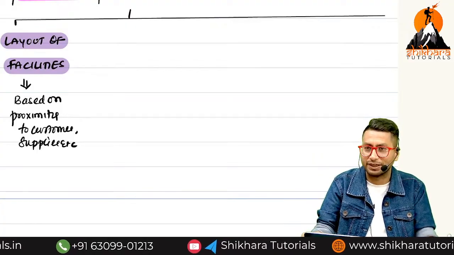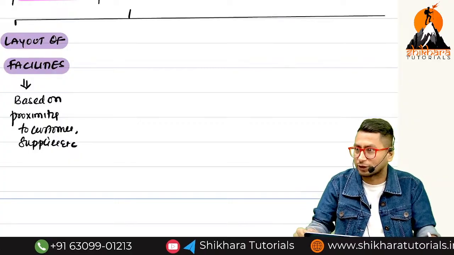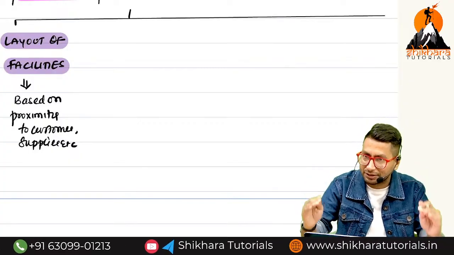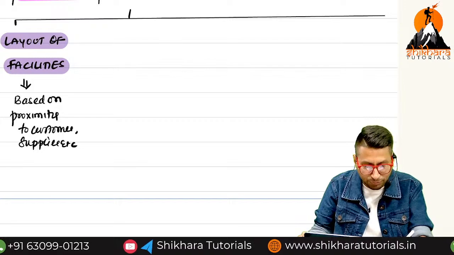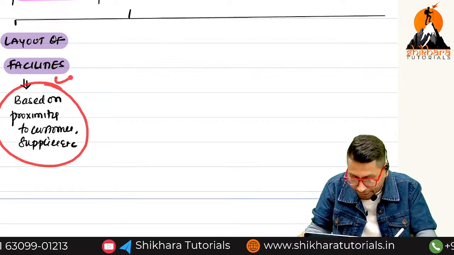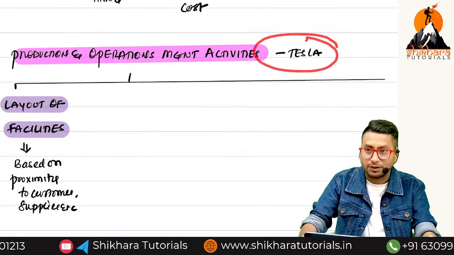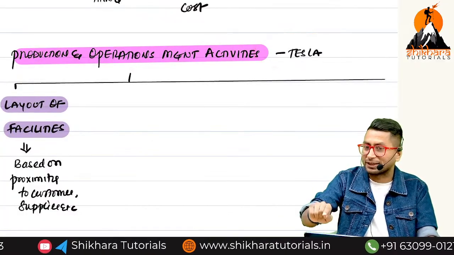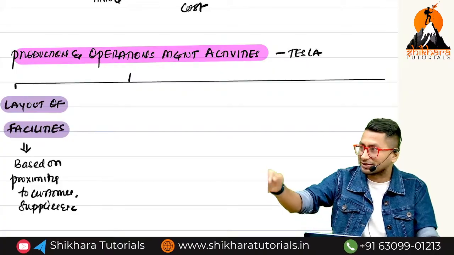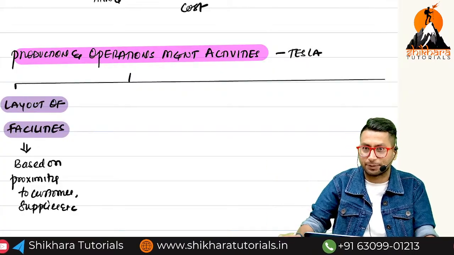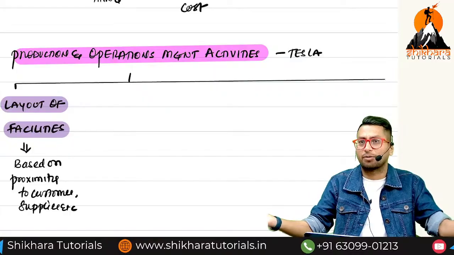No. Why? Because the number of tickets sold for matches will be very less. So what is very important? Proximity to customer is very important. The best example I told: Tesla. For battery manufacturing, it started its plants in Nevada, because the raw material supplier is nearby, and in China, because entire China is a raw material supplier. Simple.